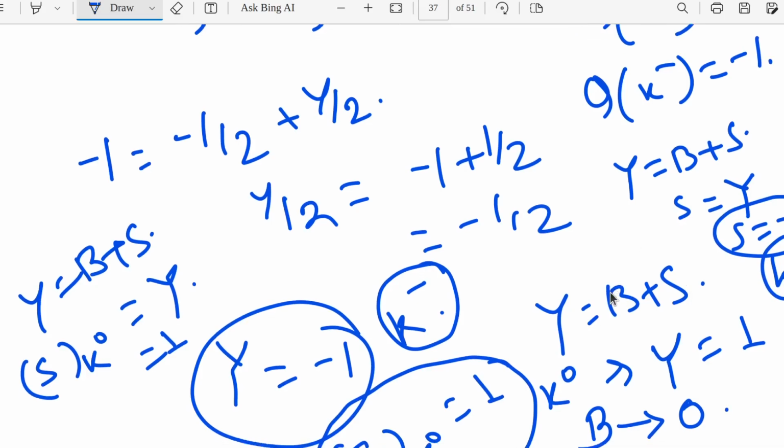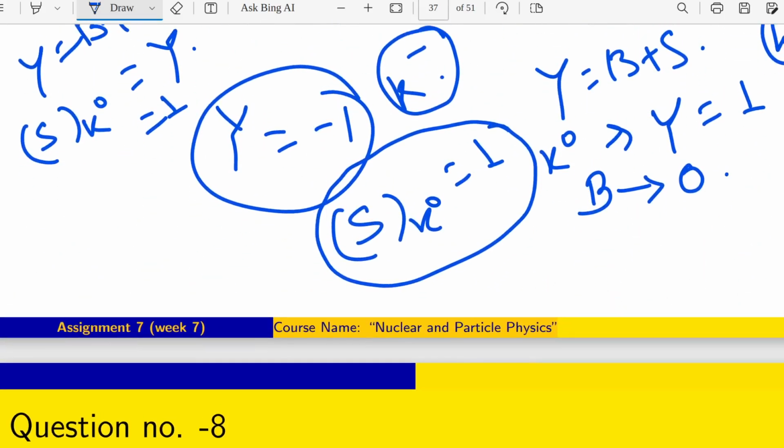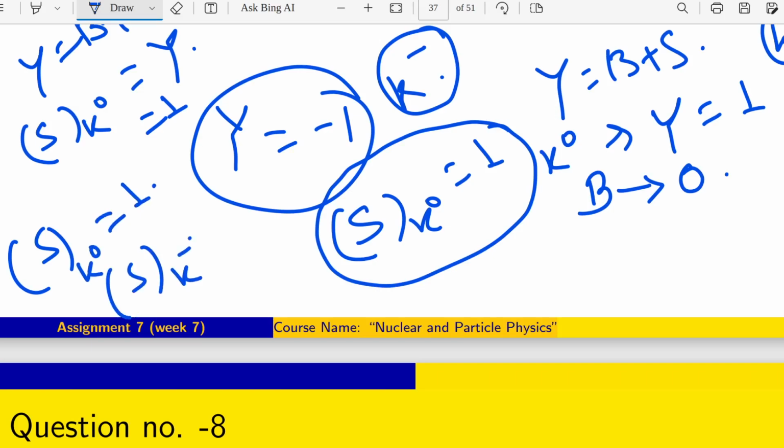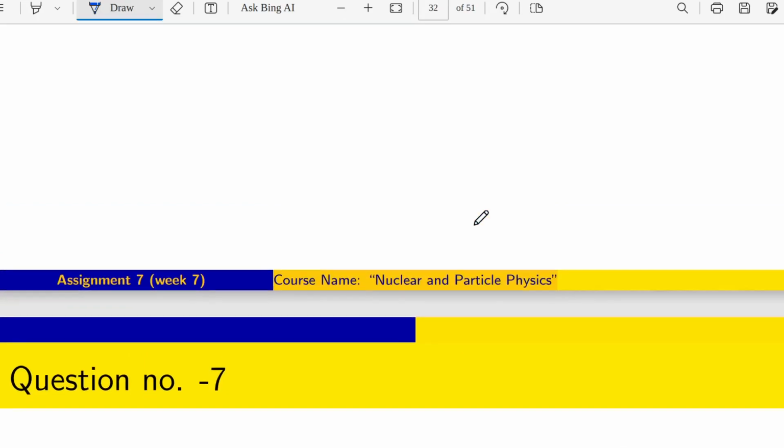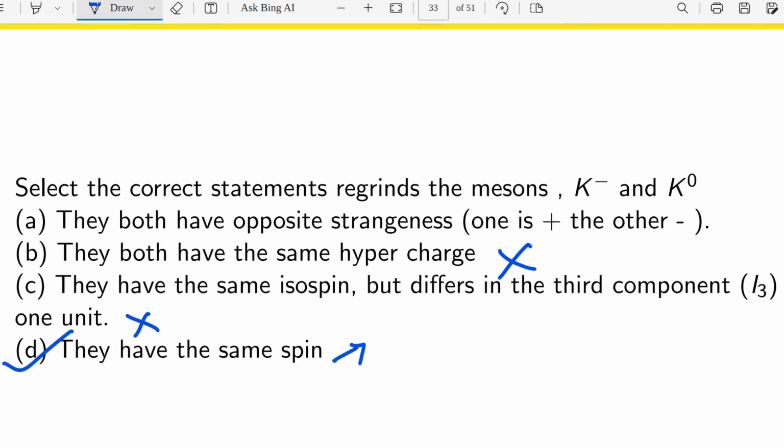Then you can make a summary that S of K0 is plus 1 and S of K minus is minus 1. So that means the strangeness of K0 and K minus differ by sign only. They both have opposite strangeness, one is plus and one is minus. So that means A will be the correct one.